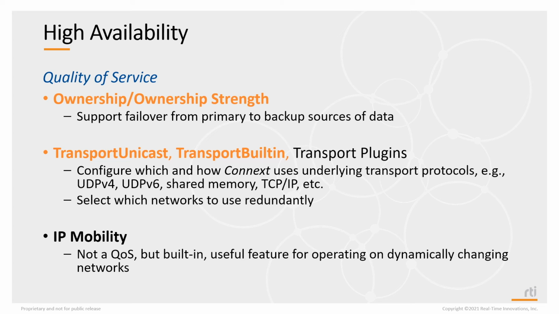For example, if you have an Android embedded processor in your car, connected to 5G or 4G, and you're going from cell to cell, it's possible that the IP address of your car is changing. IP mobility allows DDS to adapt and continue to operate even though the underlying network interfaces and its IP address are changing.